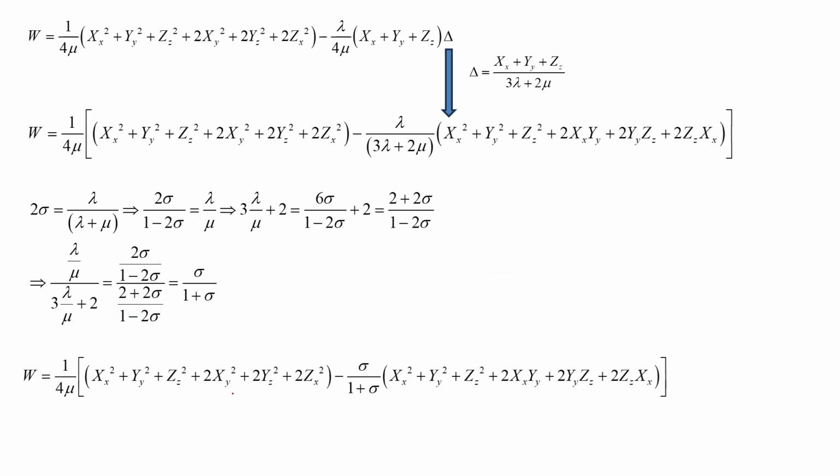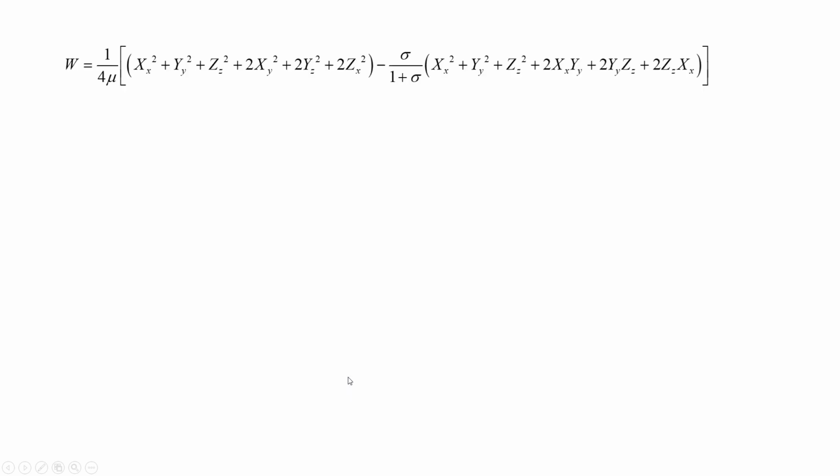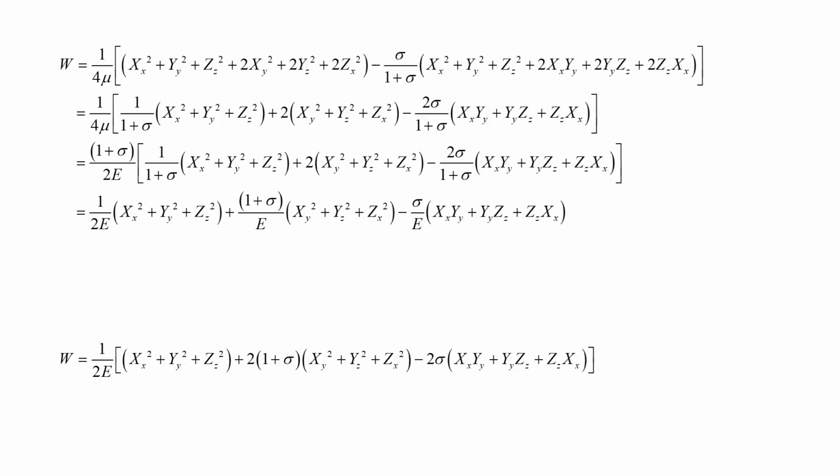Now we can further take these terms together, and this is a little algebra. I have done all the steps here, you can follow it.